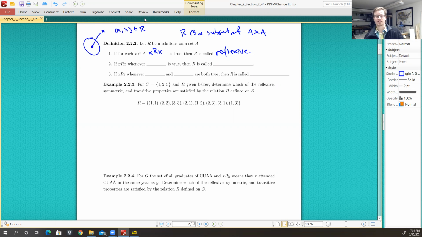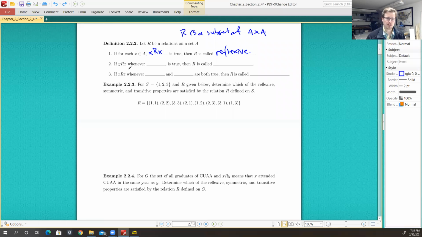If (x, x) is in the relation, no matter what x we chose, if (1, 1), (2, 2), (purple, purple), well, I don't know what the set A is. It might be colors, it might be people, it might be numbers, whatever the set A is, and whatever the relation is, if we can take any element from A and find that it's related to itself, then that relation is called reflexive.